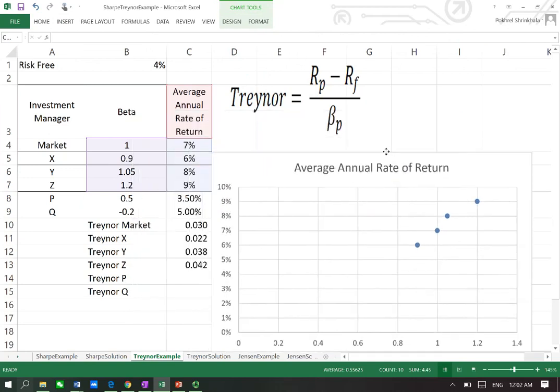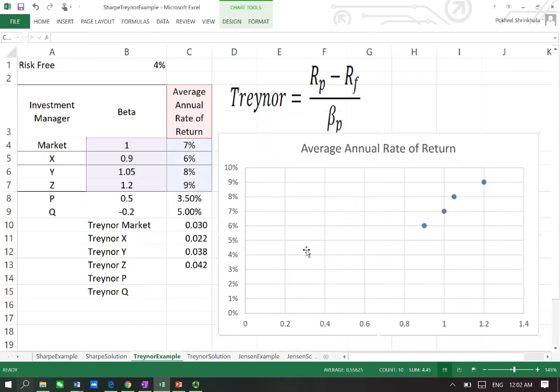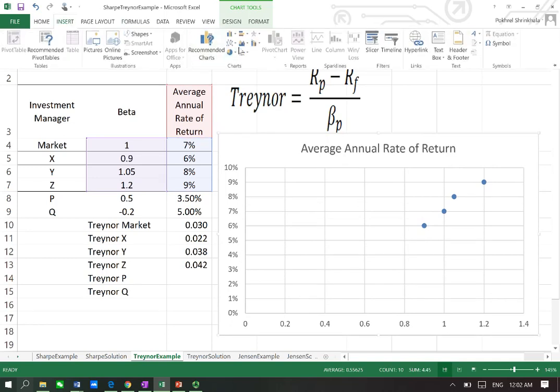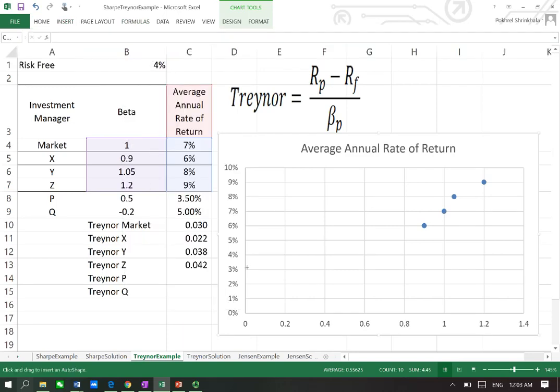Now this is something we can plot in the form of a graph and can see. So when I plotted it here in the graph, what I can see is this is the 4%. So from this 4% I can sketch the line, and that line will go via the market, which is 7% return, 1 as the beta.